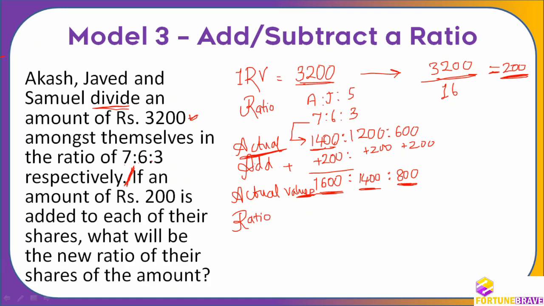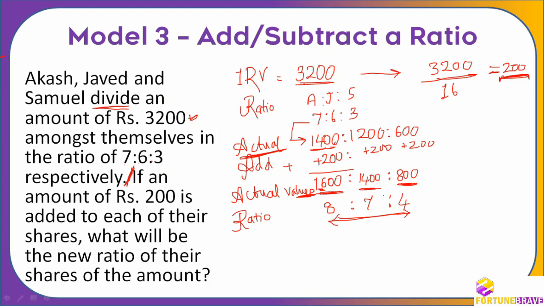What I have to do? I have to find out the HCF. What can divide all of them? I can find out that 200 can divide all of them. So I'll divide it by 200. So what I'll get is 8 is to 7 is to 4. The new ratio is 8 is to 7 is to 4.